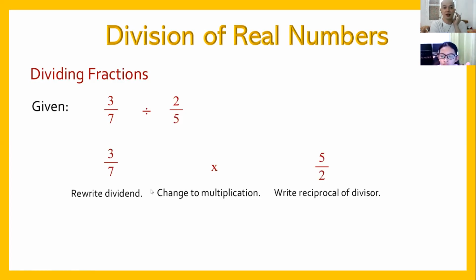So again, rewrite the dividend, the first one, and then change to multiplication. Then get the reciprocal of the divisor. And then you proceed to multiplication.